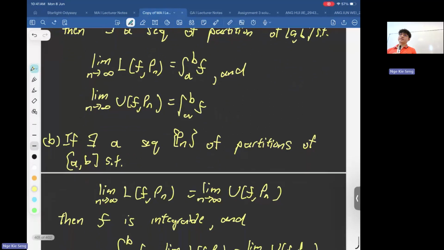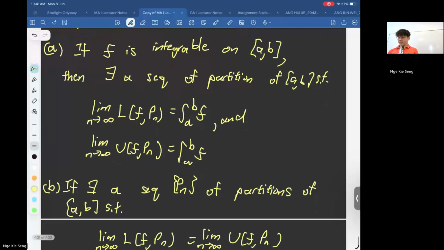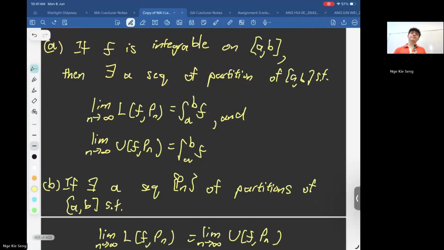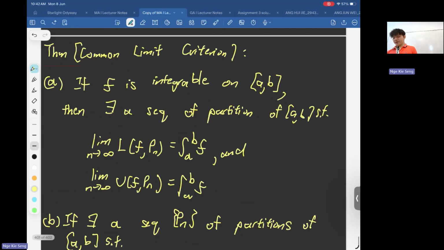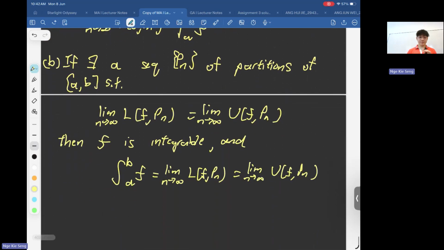You want to choose A or B first? B? Okay, good. Let's do B.